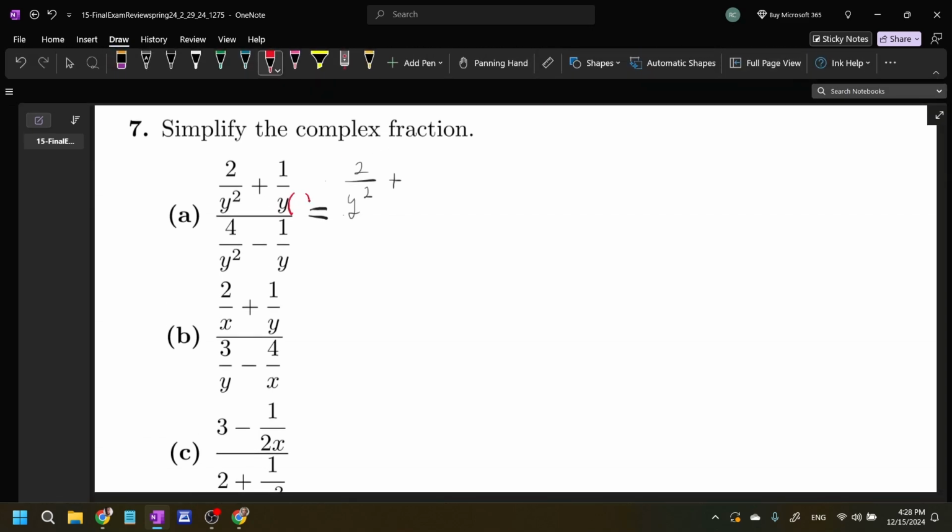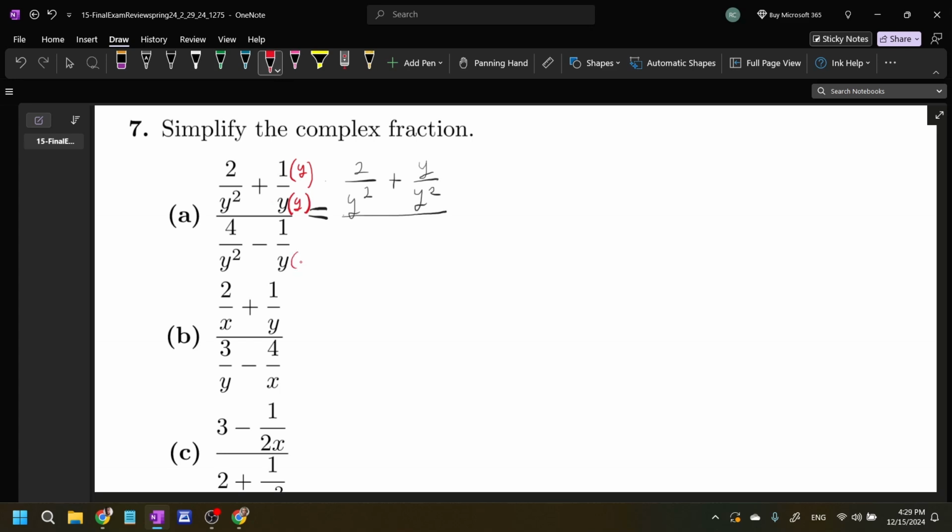So I'm going to multiply this by y over y so that we can write this numerator of the much larger fraction as 2 over y squared plus y over y squared.